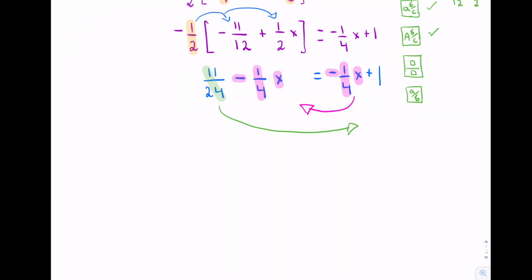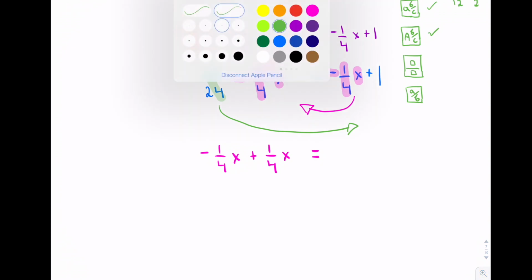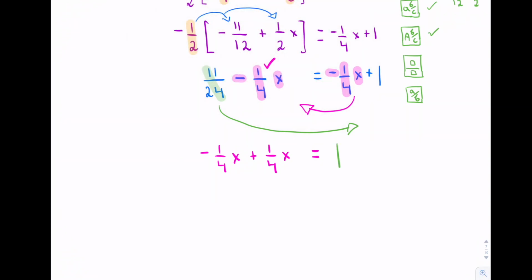If I do that, I will have negative 1 over 4x, that's this. And then I bring the over, so it changes to a plus, equals. Now on the right-hand side, I have the 1, and then minus 11 over 24.